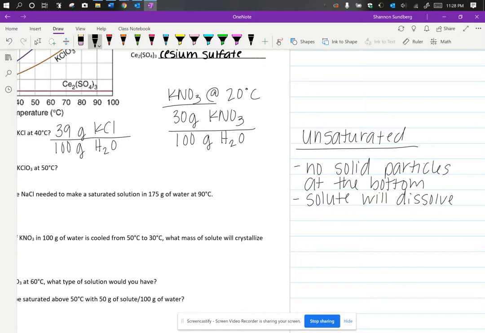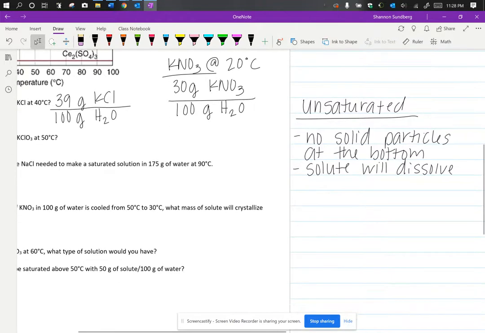So that's like you're adding Kool-Aid, adding Kool-Aid, adding Kool-Aid, and stirring, and you're not seeing any solid particles at the bottom. Once you are saturated, though, things change.